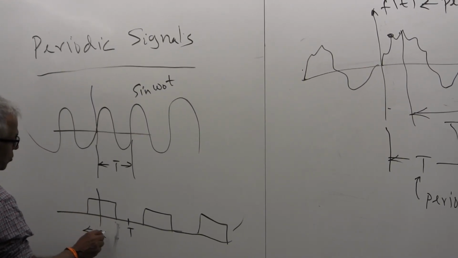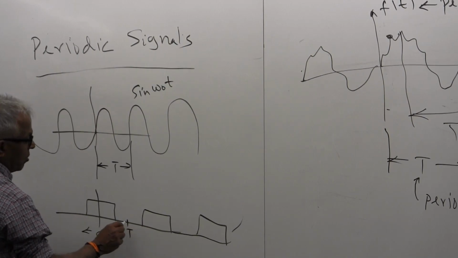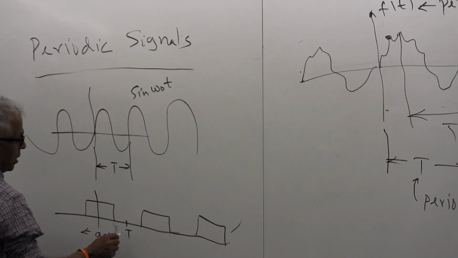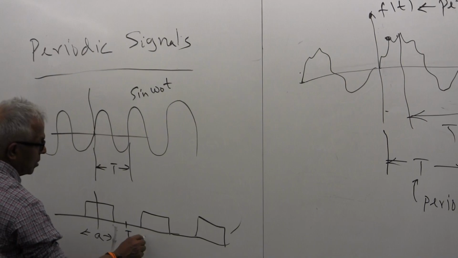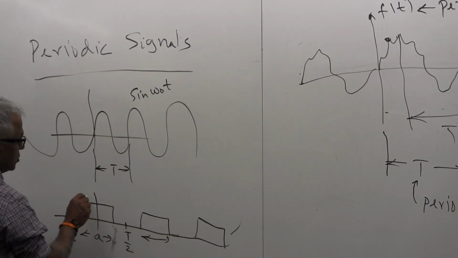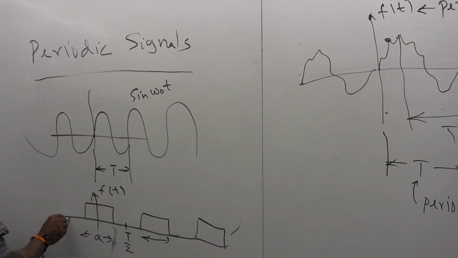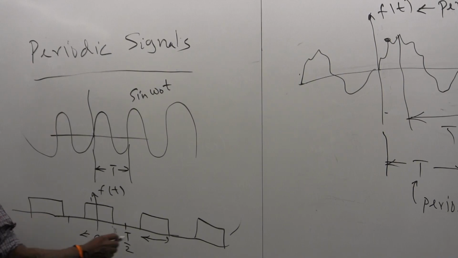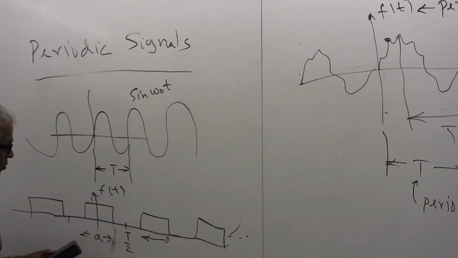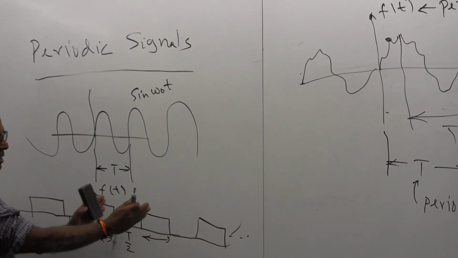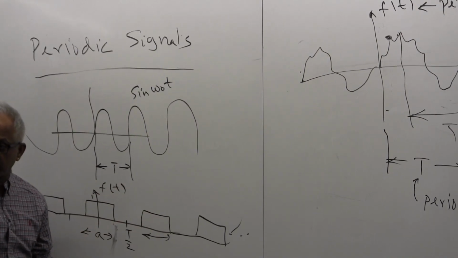Let's say this is on for A, then it is off for some time, and this is again 1. What about this signal? What's the period? It repeats, so obviously the way I wrote it, this information gets repeated. So T is the period, not A.